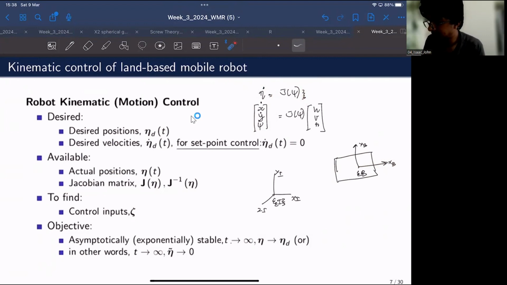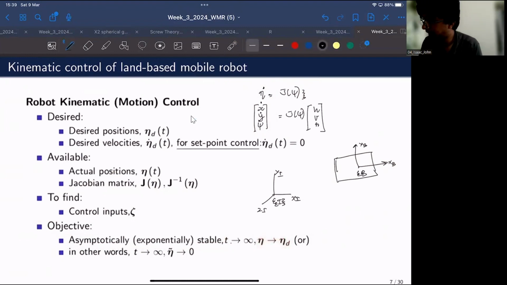And by designing the controller, what are our objectives actually? Why are we designing this controller? The requirement is that the system should be asymptotically stable. For example, as time tends to infinity, the actual position should converge to the desired position.